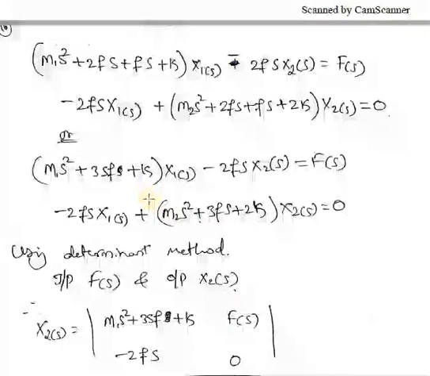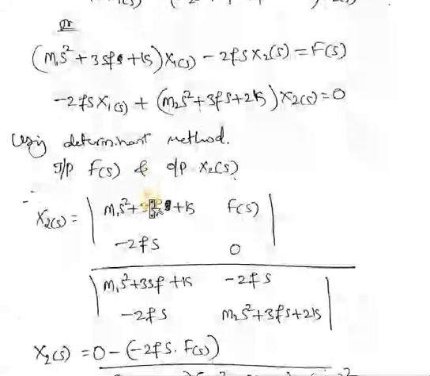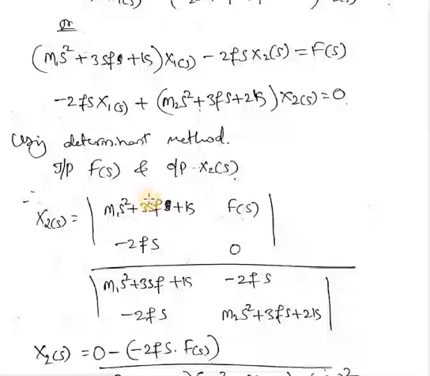Okay. Now using the determinant method. Here the input is f of s and the output is x2 of s. So we'll write the equation for x2 of s. While writing it, in the numerator, in the first column, you have to write the coefficients of the other displacement, that is, the coefficient of x1.